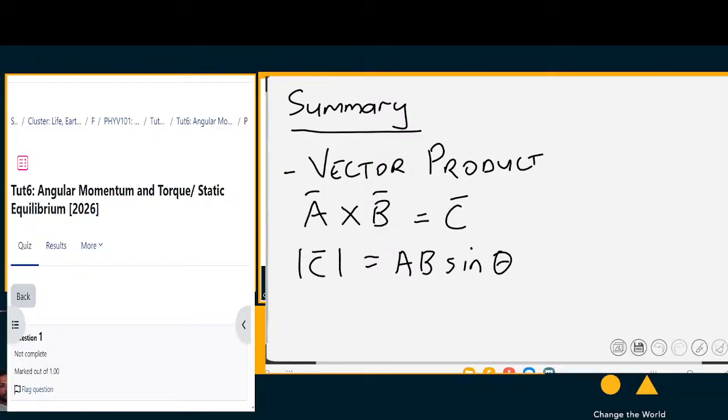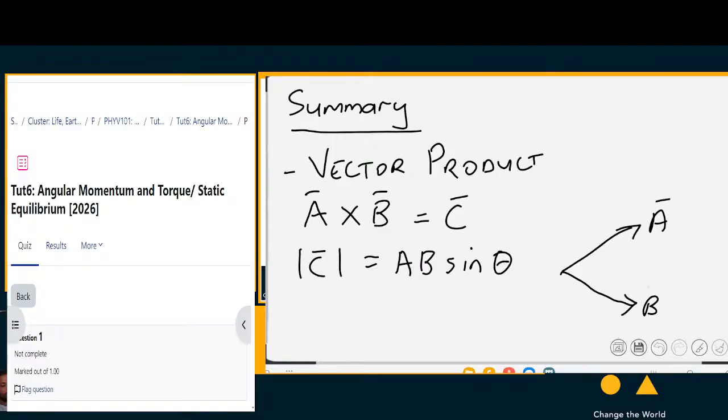Okay, the direction of vector C is perpendicular to the plane formed by these two vectors. Let's say vector A is pointing in that direction and vector B is pointing in this direction.